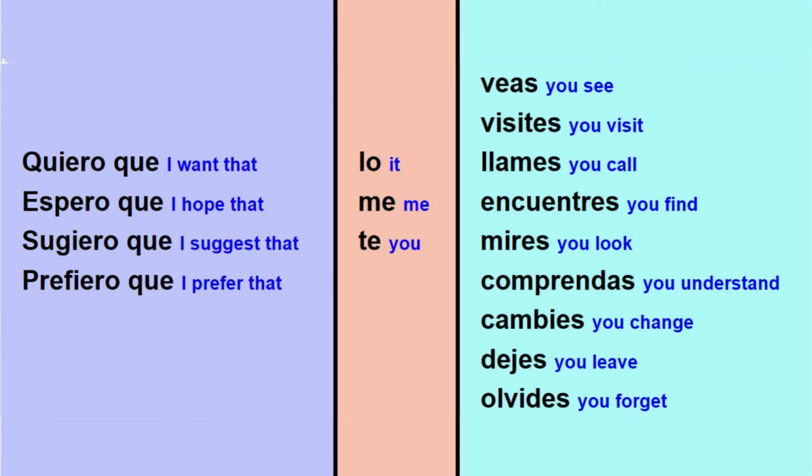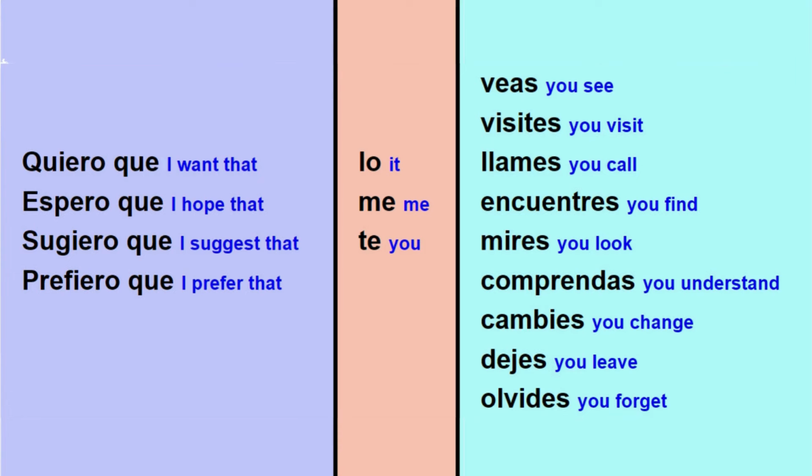And if you're not that familiar with the subjunctive, if you search on my channel, there is a video all about how the endings work. But for now, you can see it's fairly straightforward. Apart from the top one, if it would normally end in as, like you visit, then in the subjunctive it's the other one ending in es. And if it would normally end in es, like comprendes, you understand, then in the subjunctive it's the as.